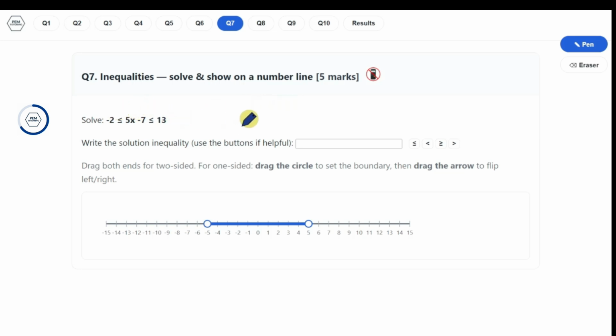So if I split this up, I have minus 2 is less than or equal to 5x minus 7, and I also have 5x minus 7 is less than or equal to 13. So now I've got 2 separate inequalities to solve, and then once I've solved them, I can put them back together to create the final inequality.